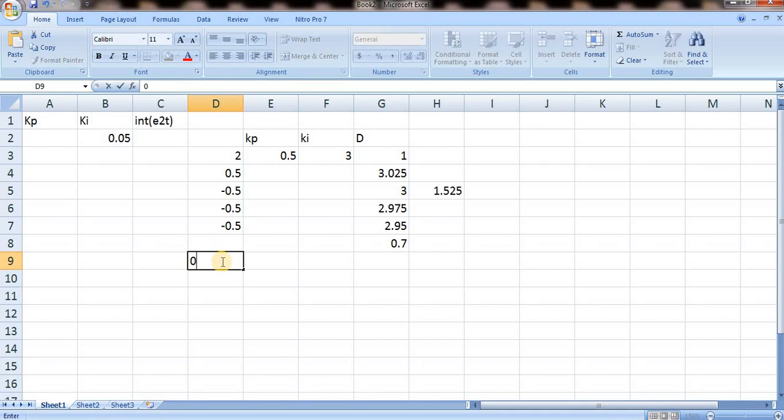My error is 0. So 0 into kp is 0 and 0 into ki is 0, but ki means integration is there. So integration of previous value is still 0.7.